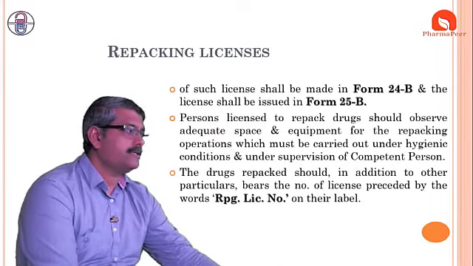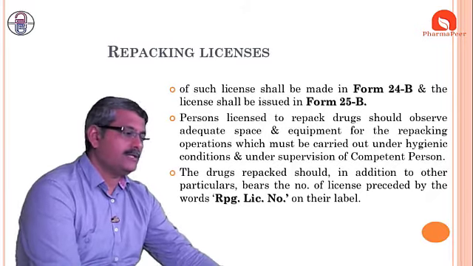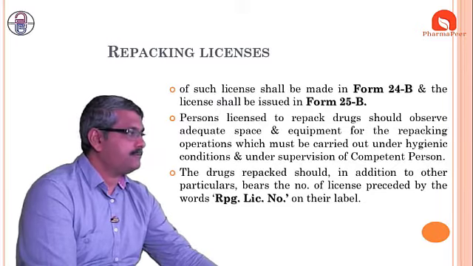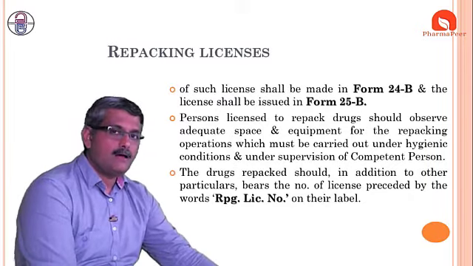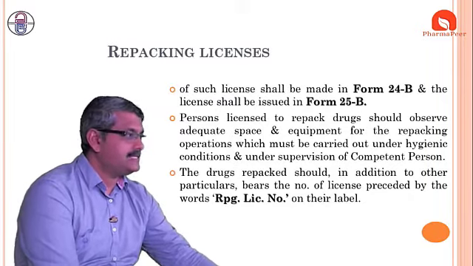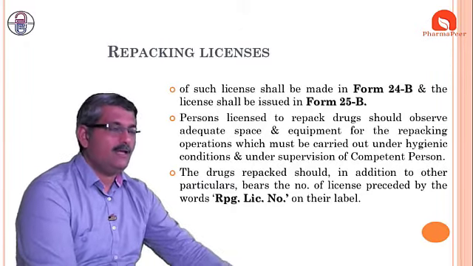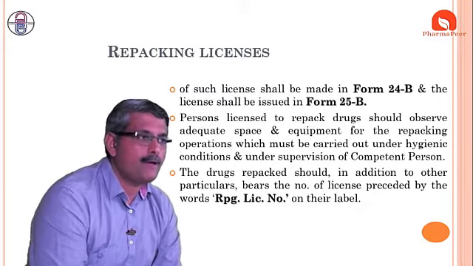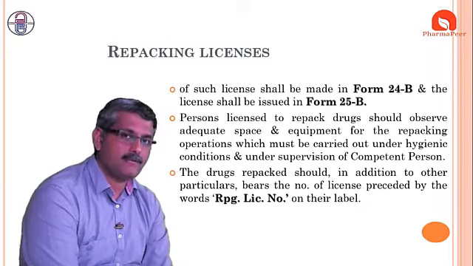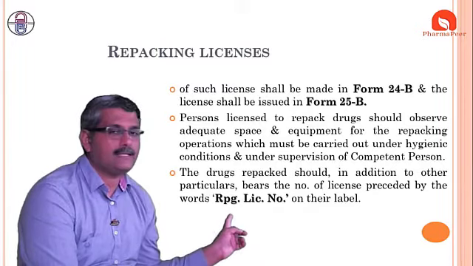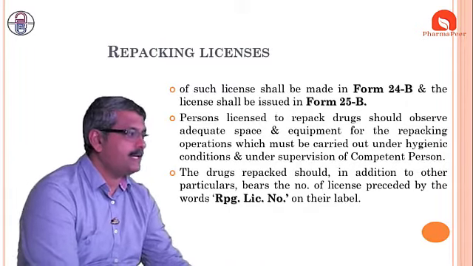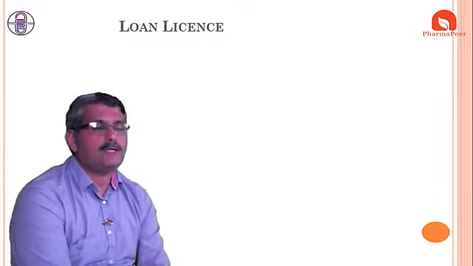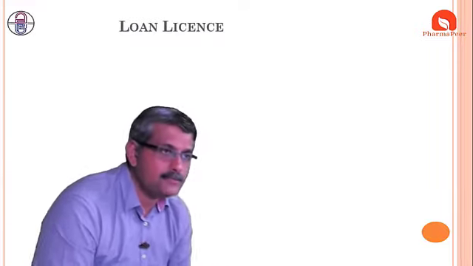The drugs packed should, in addition to other particulars, bear the batch number and the license number preceded by the words RPG LIC on their label. In other regular products, there is only manufactured by or the manufacturing license number. But this is repacking, that's why there is the word repack. The license number should be RPG. So this is what concerns the repacking of the drug.